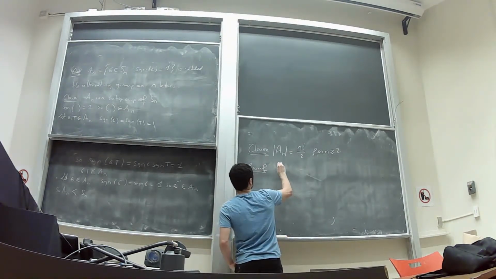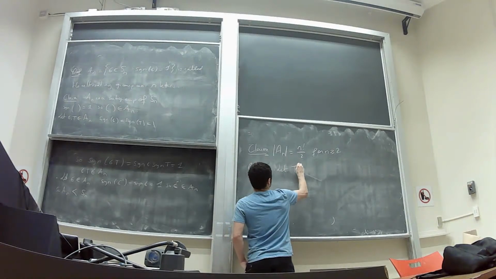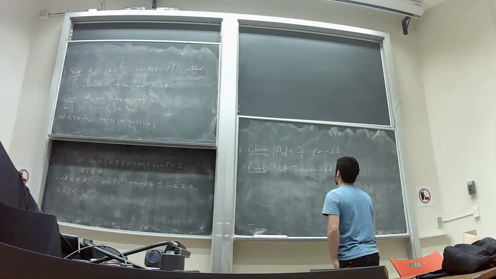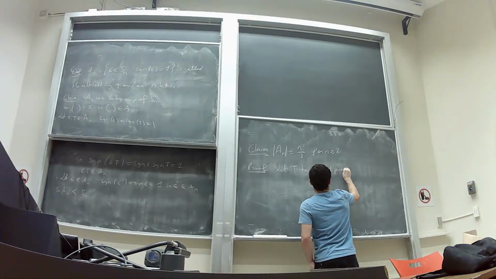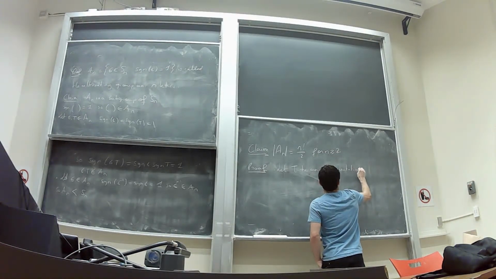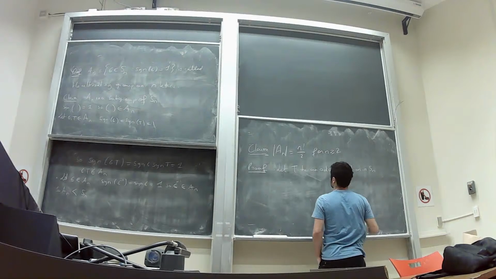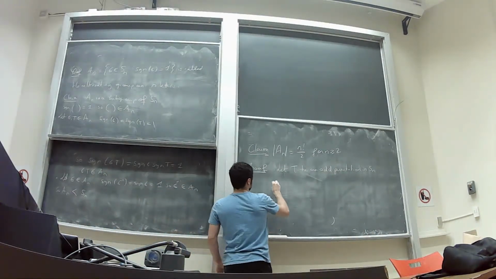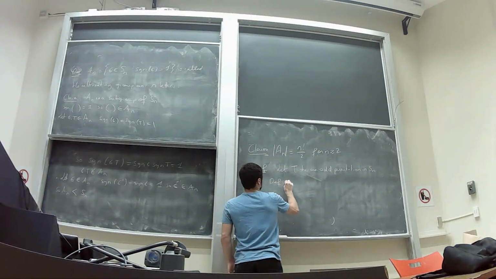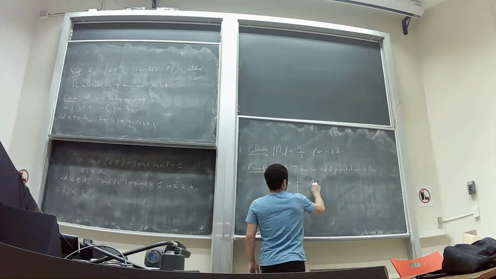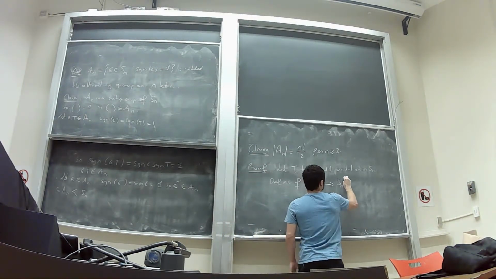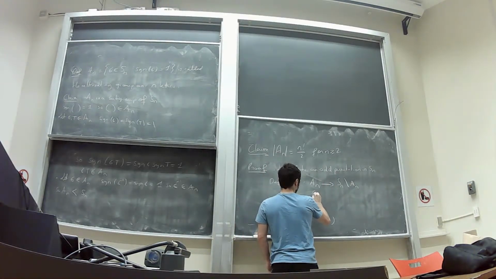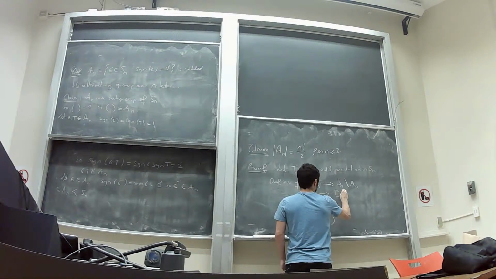So let tau be an odd permutation in S_n. Pick your favorite odd permutation, let's say (1 2). Define f from A_n to S_n minus A_n that takes an even permutation sigma to tau times sigma.